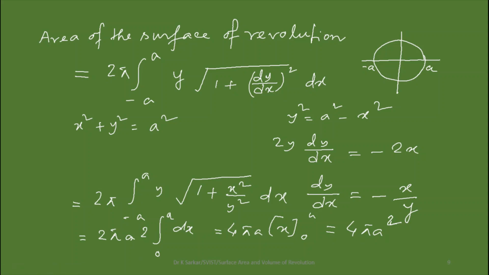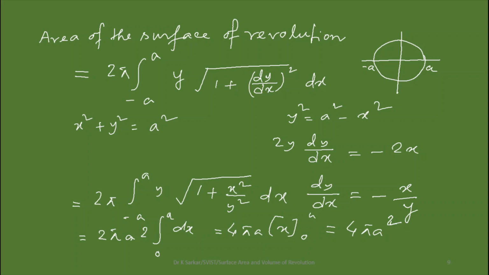And we can apply the property of definite integration, that is integration of dx from minus a to a is 2 times integration from 0 to a of dx, and if we do the integration of dx, then that is x with limits 0 and a.